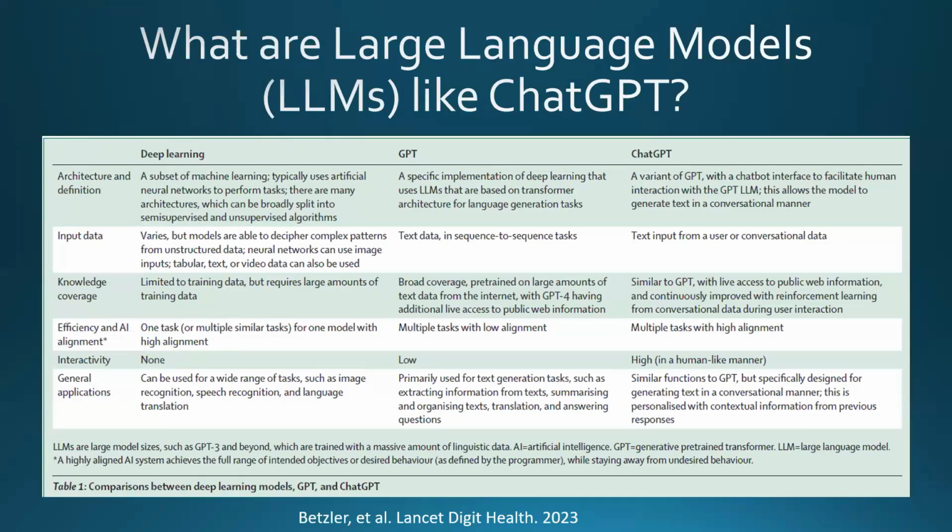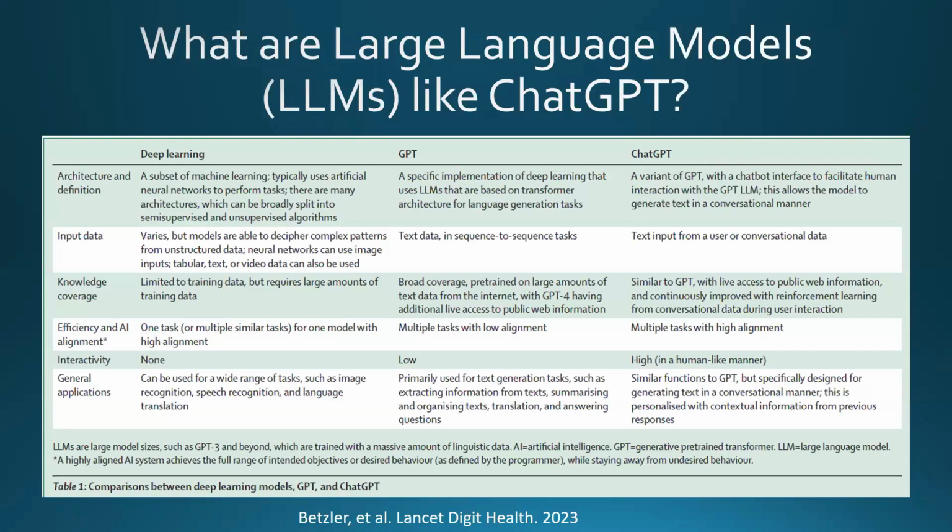So I'm going to start by giving a high-level overview of the different types of machine learning, deep learning, modeling out there. And this table does a nice job of summarizing the key similarities and differences. So all of this is machine learning, but within machine learning, you've got deep learning, which is a subset that usually uses artificial neural networks to perform tasks.